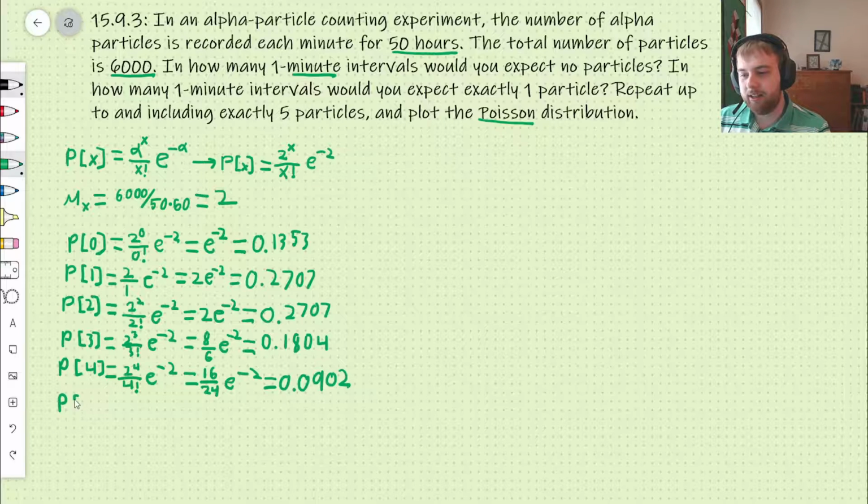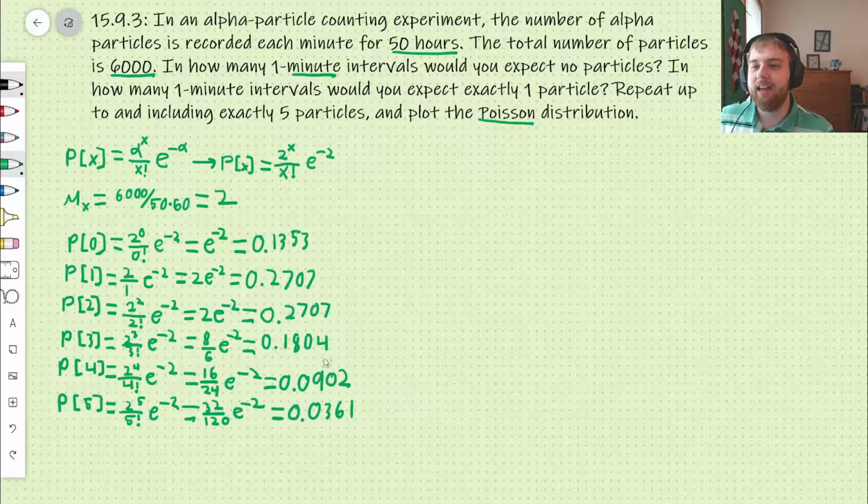And then finally, for the probability of 5, this is going to be 2 to the 5 over 5 factorial, e to the negative 2. This is going to be equal to 32 over 120, times e to the negative 2, which is going to be this decimal approximation.